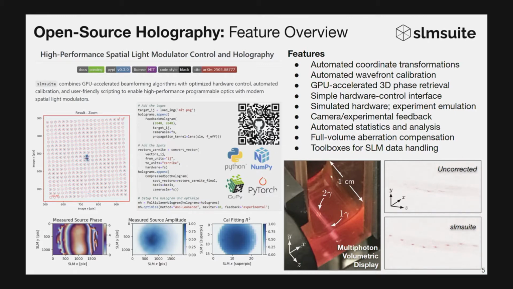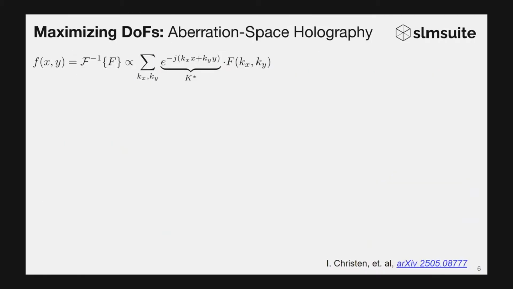And the result of that is that there are a lot of spatially varying aberrations because you're going through a different refractive index environment. And so if you don't correct your hologram, then you can see on the top video that you get defocused points, versus you can increase the depth of field significantly if you properly calibrate for those aberrations.